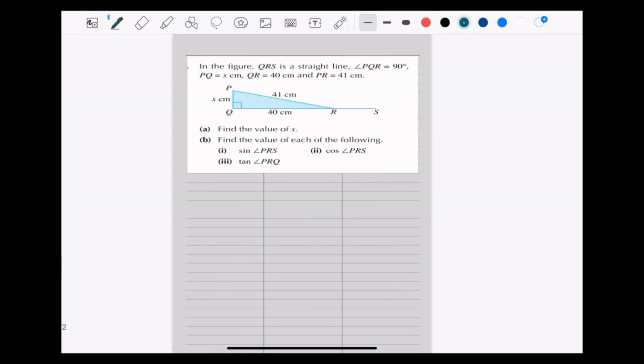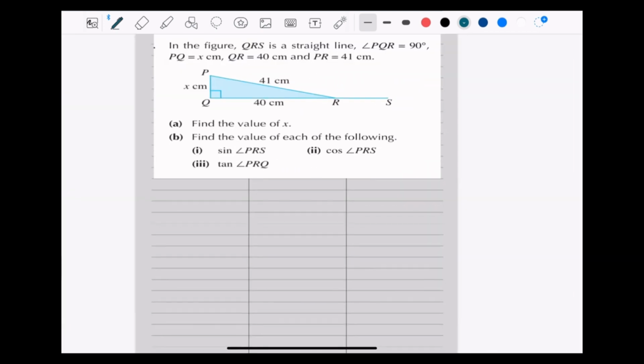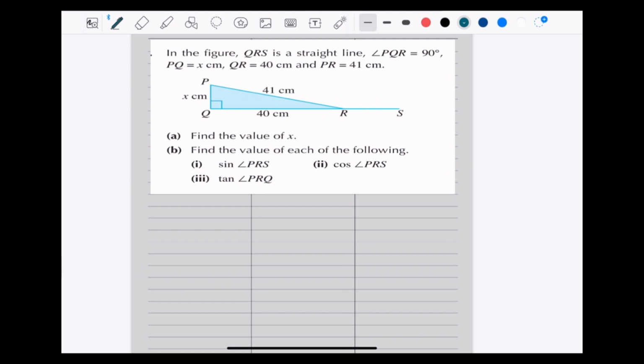So let's look at another example. Now, if you see, find the value of x in that right angle triangle. As you could see, you have two sides given, you have to find out the third one.